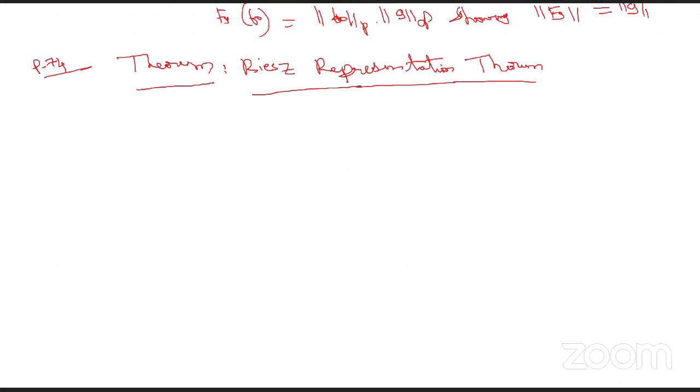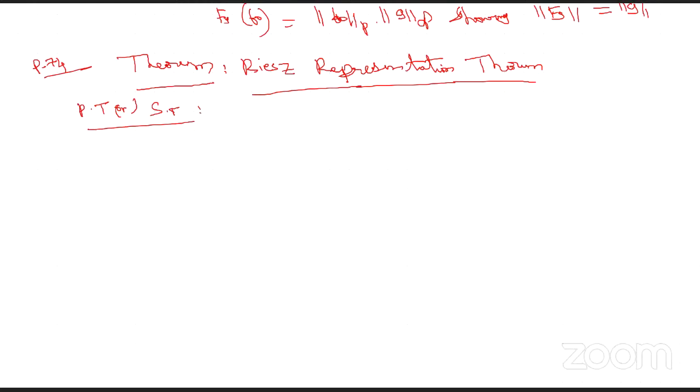Sometimes they will ask, state and prove the Riesz representation theorem. So statement, prove that or show that. Sometimes they will ask, prove that or show that. Question formation is like that, right?